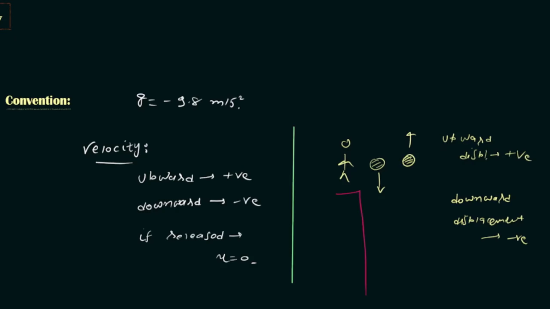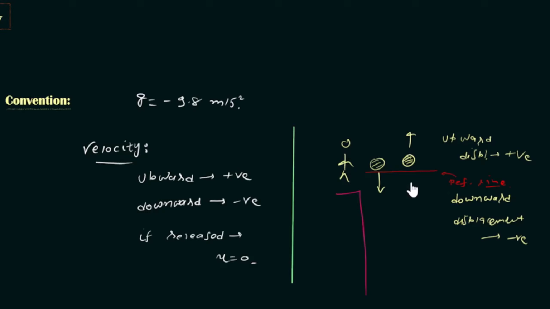This particular line is taken as the reference line. Below the reference line the displacements are negative, and above the reference line the displacements are positive. That's how we apply our convention to each and every numerical based on gravitational force.